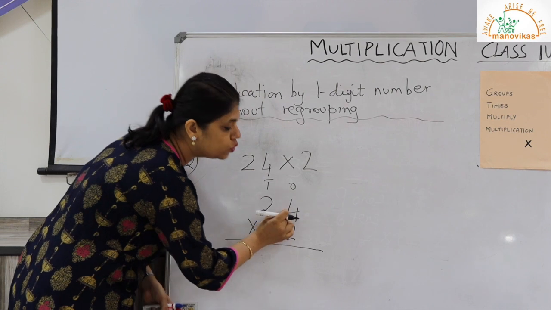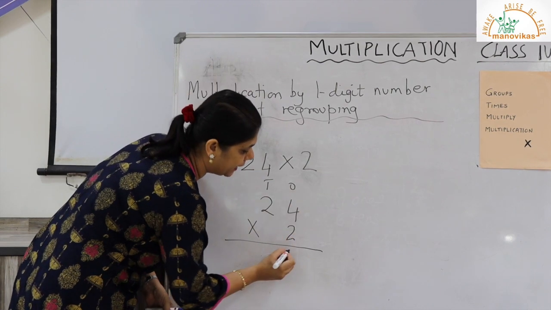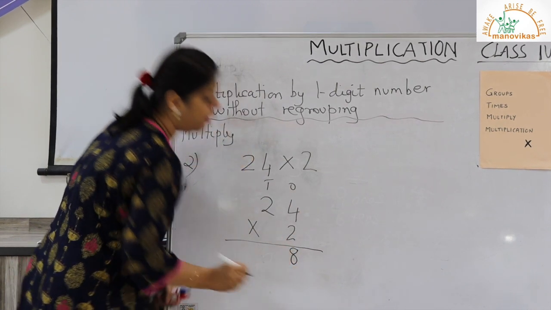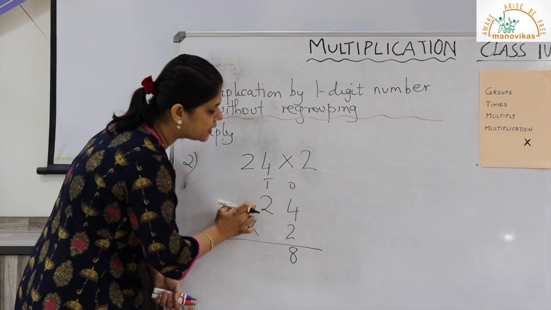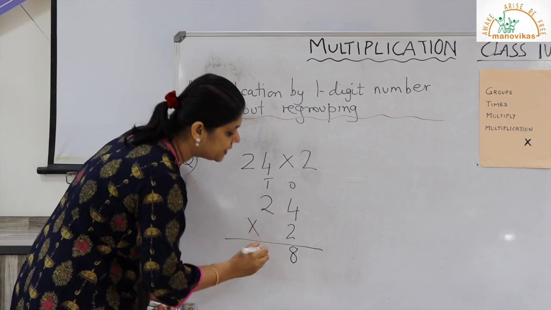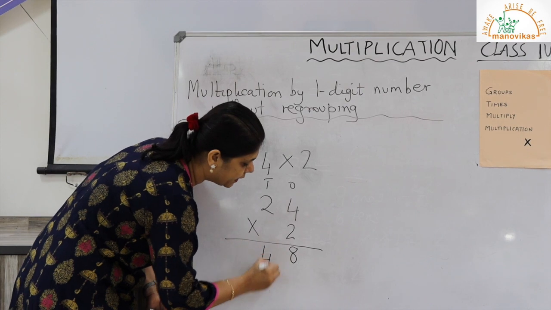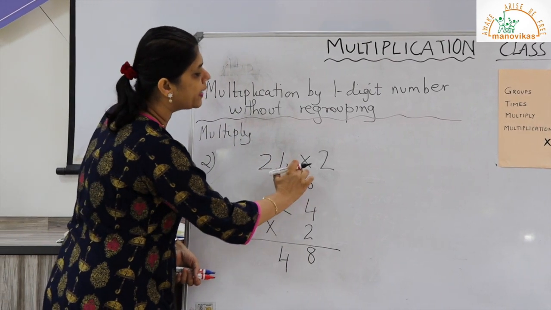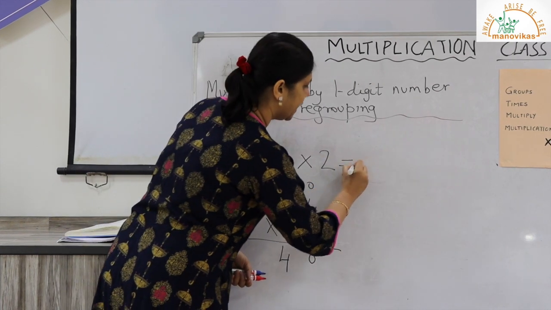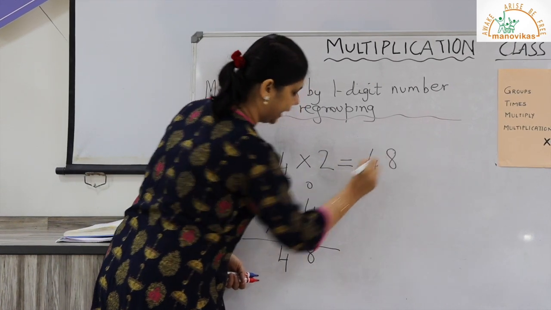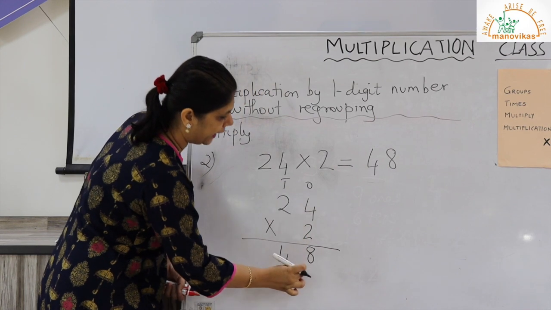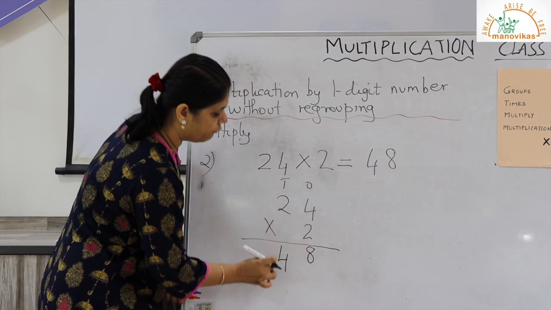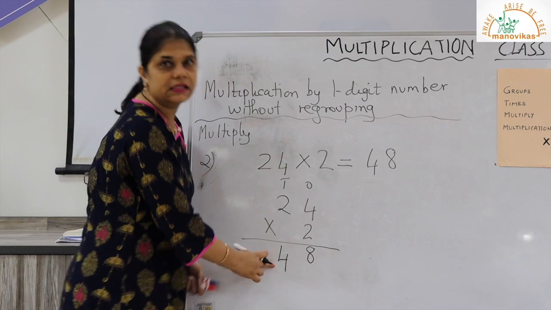Now 4 2's is how much, children? 8. So I will write 8 here in the ones place. 2 2's is how much? 2 2's is 4, which will come here in the tens place. So 24 multiplied by 2 will give me the answer 48. 2 4's are 8. And 2 2's are 4, which is in the tens place.